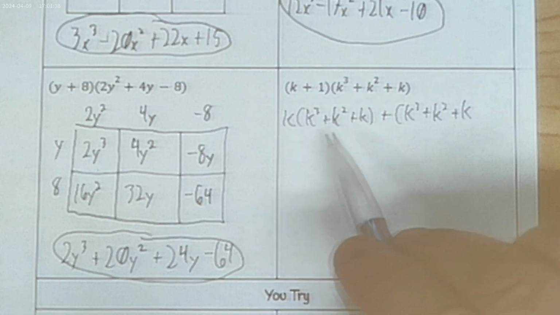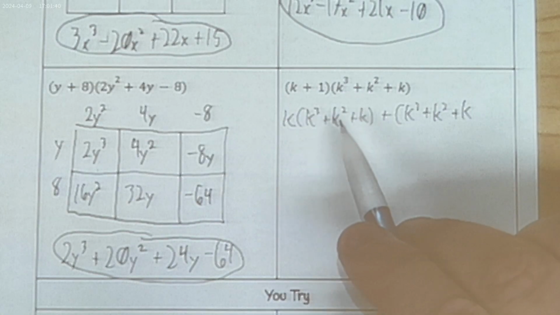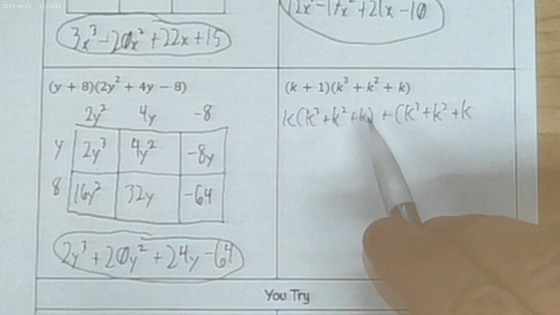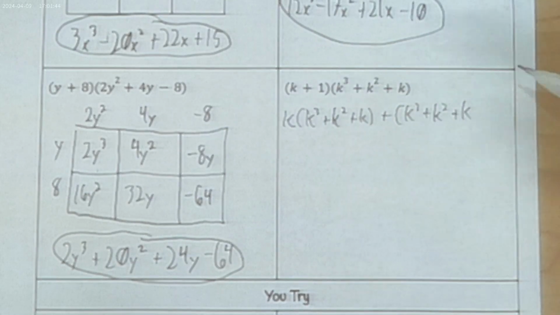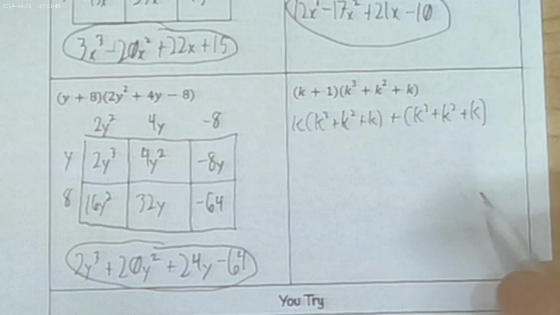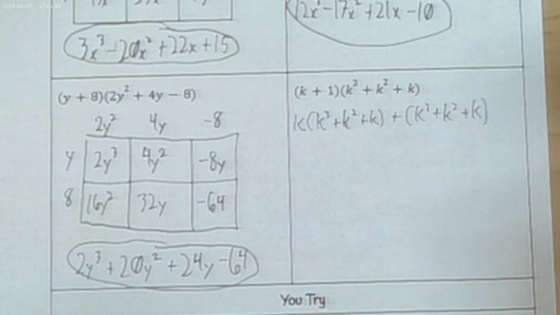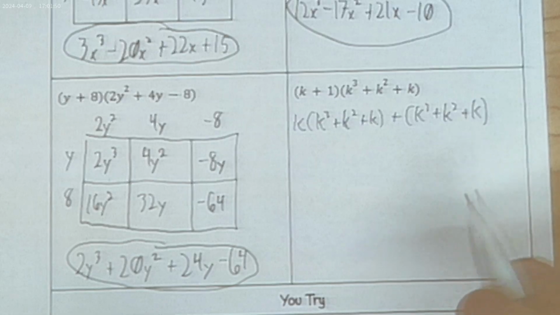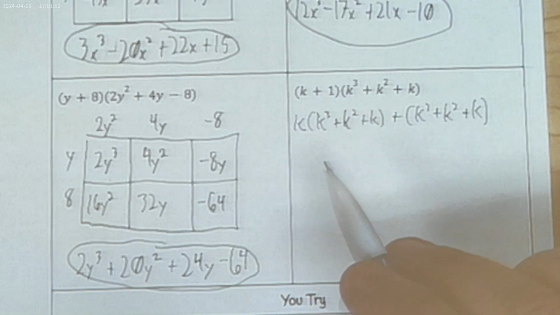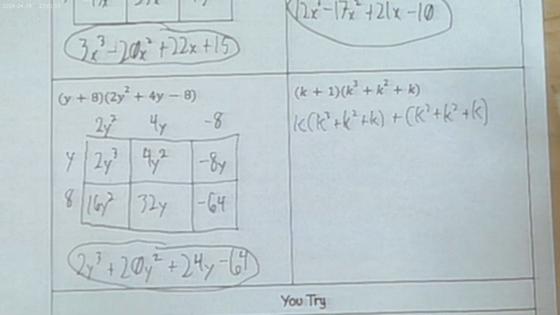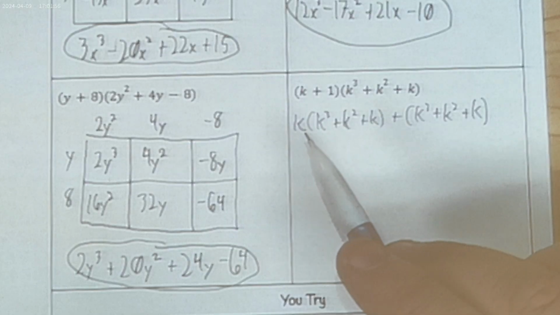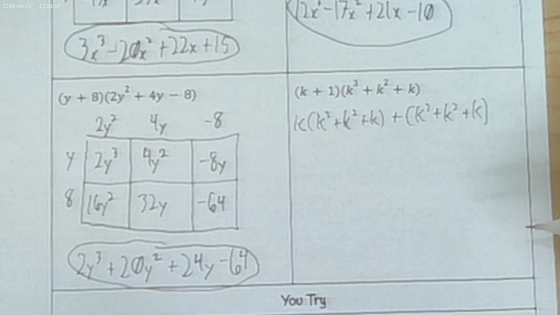K times each one of these basically means that the degree of each of these elements is just going to go up by one. Because of that, I'm not going to go through the whole multiplication steps with this. I'm just going to rewrite the next level, and we'll just say that it's a trivial solution and move forward from there.